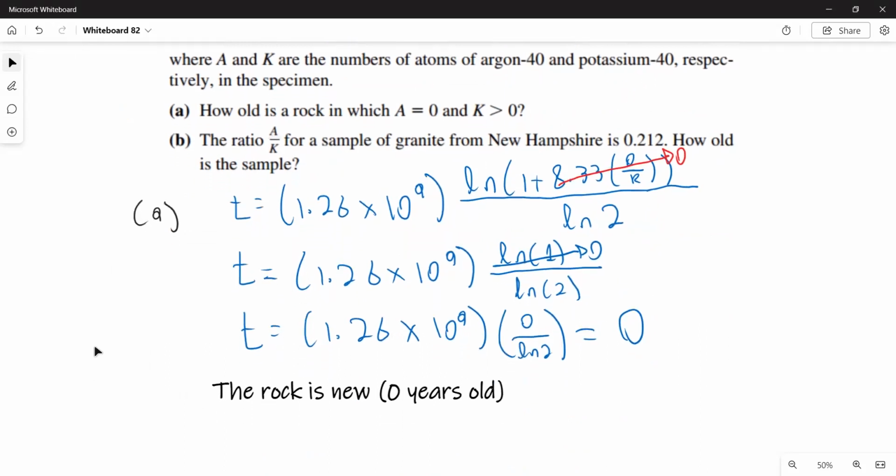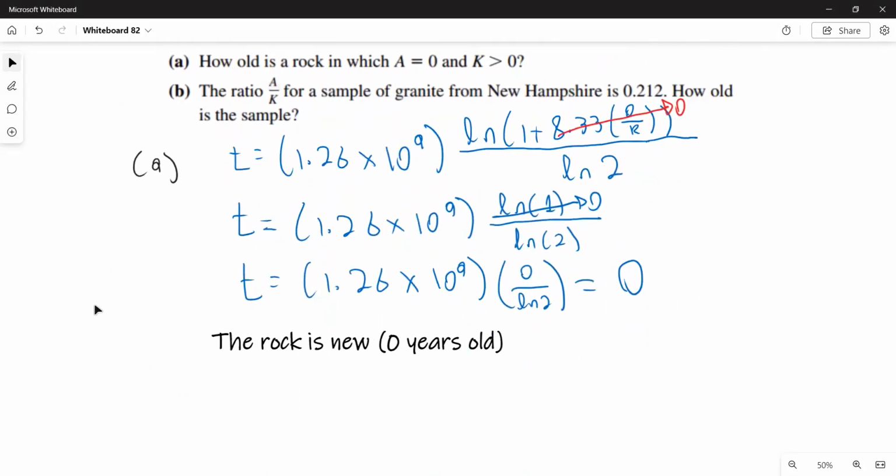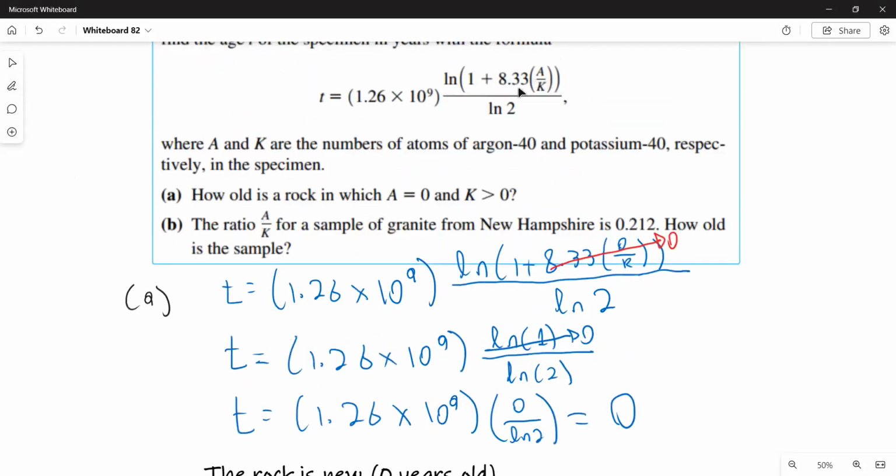And in B, the ratio A over K for a sample of granite from New Hampshire is 0.212. How old is the sample? We know that A over K is 0.212. So we're going to evaluate A over K in that function.